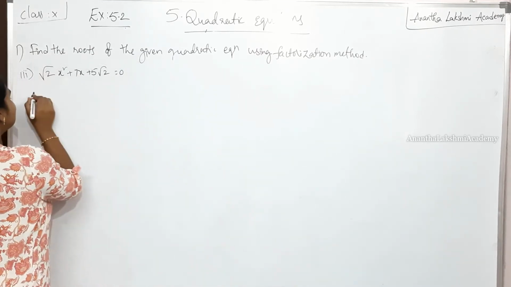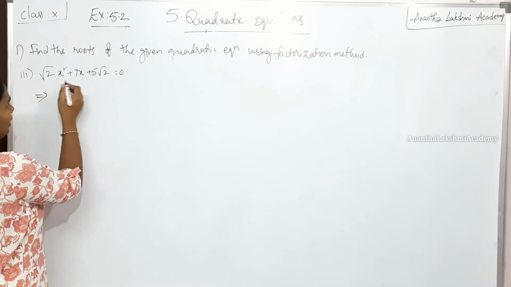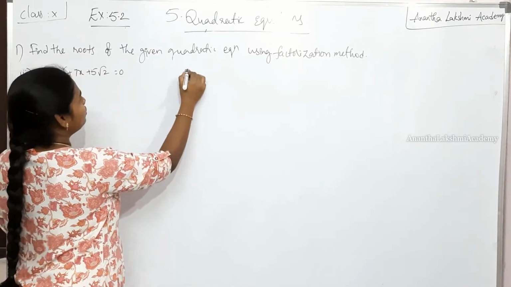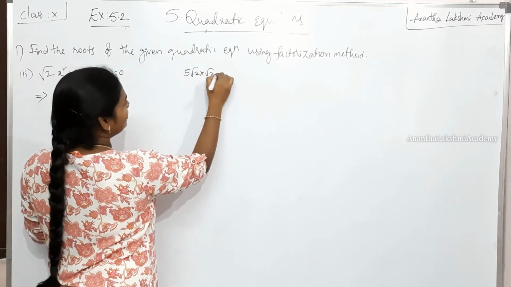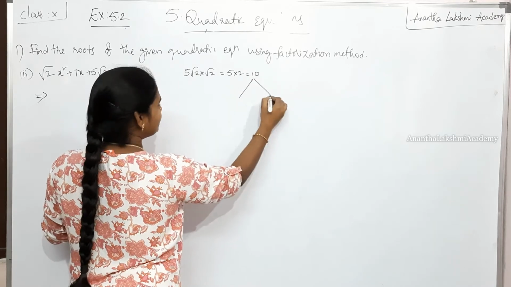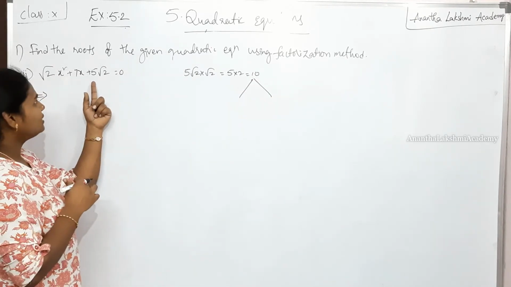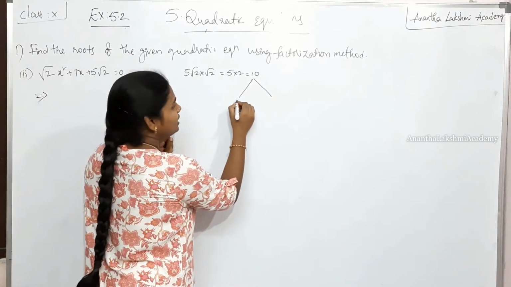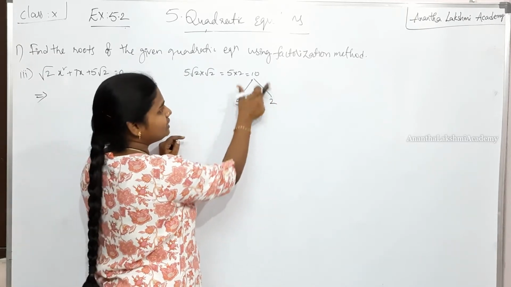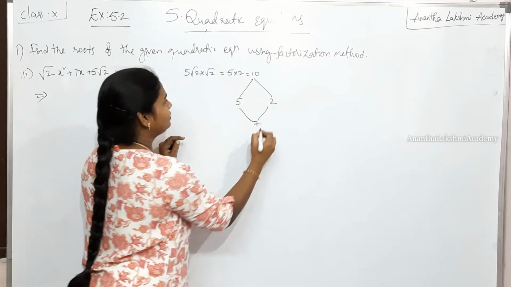Okay, so this is going to be the factorization method. As I told you, this is 5 root 2 into root 2, which is nothing but 5 into 2, which is 10. The product of the numbers is 10. We need to choose factors such that their summation is, if I take 5 and 2, 5 twos are 10, 5 plus 2 is 7.